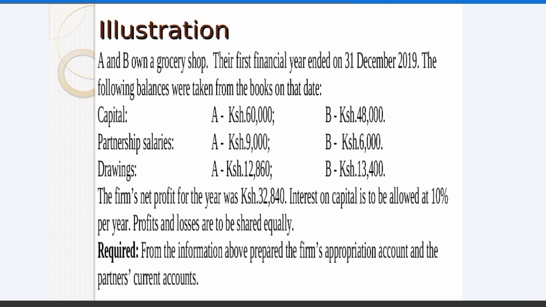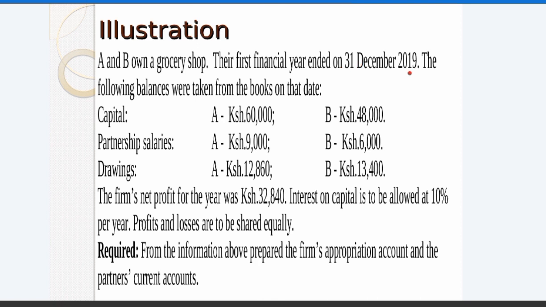Let us look at a very simple illustration to show how we present our capitals, how we present the appropriation account, and so on. We are told A and B own a grocery shop, that their first financial year ended on 31st December 2019.